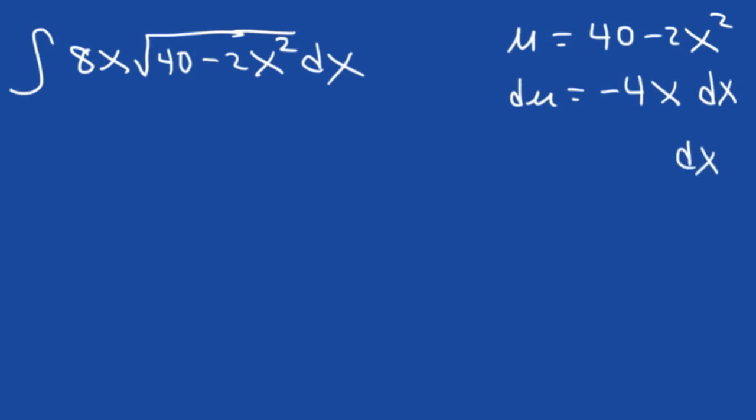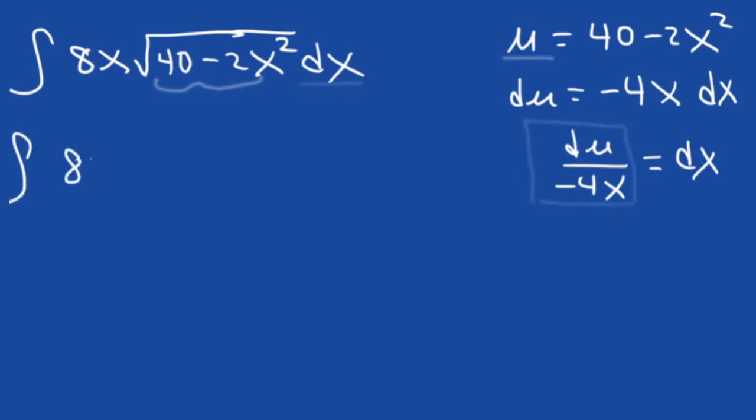So isolating dx, we need to divide both sides by negative 4x, so it is du over negative 4x. So let's replace this with u, and dx with du over negative 4x. So it is going to be 8x times the square root of u times du divided by negative 4x.